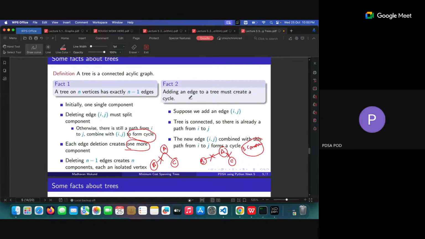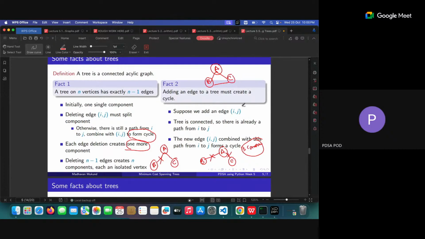And fact number 2 is that adding an edge to the tree must create a cycle. So if this is not having a cycle, this is a tree, let's say consider it as a spanning tree. If you add any additional edge, immediately it creates a cycle.